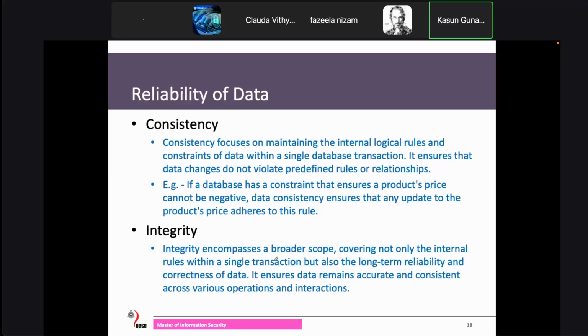From a single transaction's point of view, it should ensure the accuracy of the data, and integrity is not just about a single transaction, it's about the overall correctness of the data over a longer period of time.